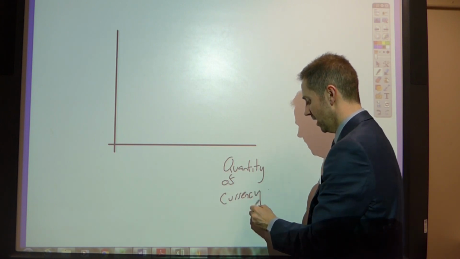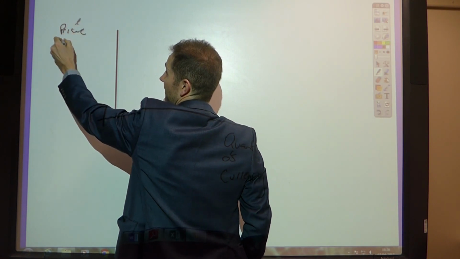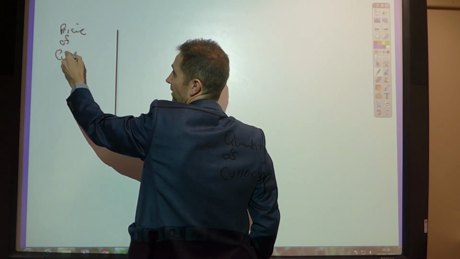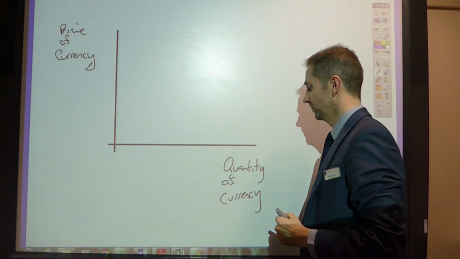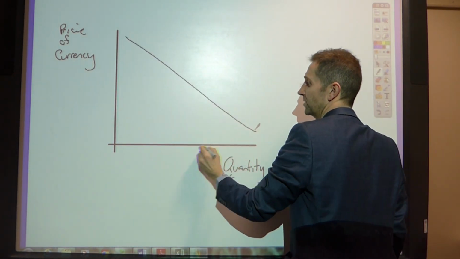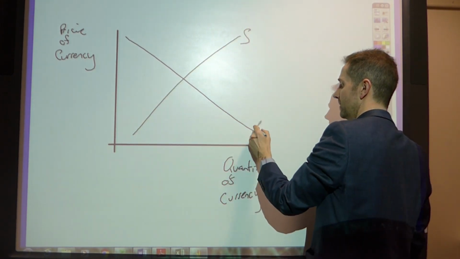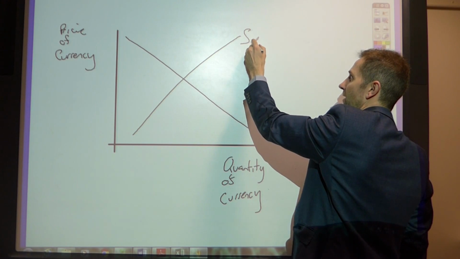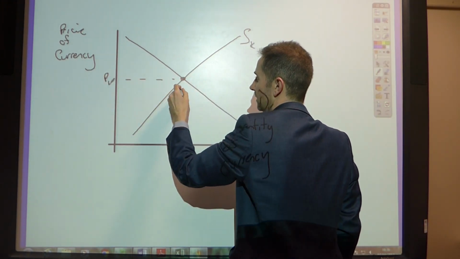I'm really not happy about that, but anyway, and price of currency. So keep yourselves right, do what the exam board are looking for, and that's what we want. So we would have the supply of the kwacha and the demand for the kwacha. Supply and demand for the kwacha. Kwacha, what a great name for a currency, ladies and gentlemen.